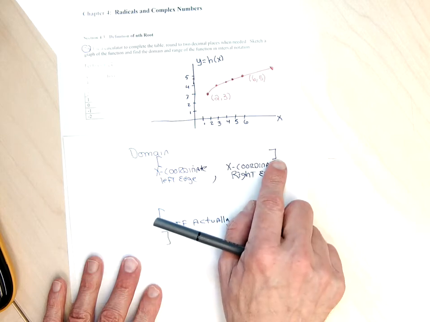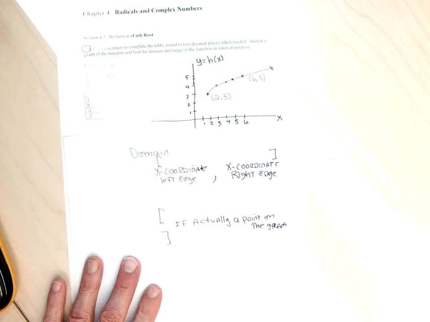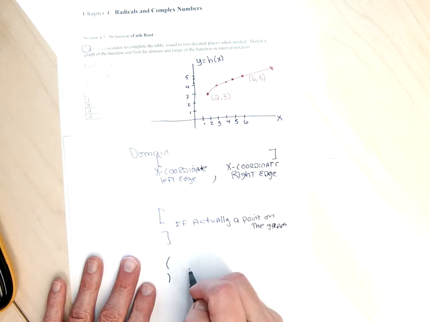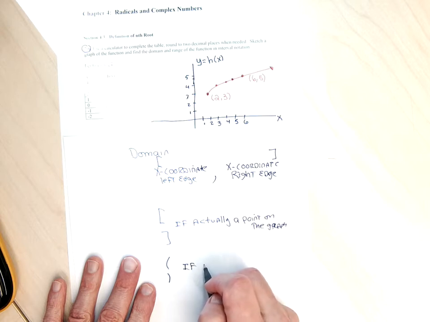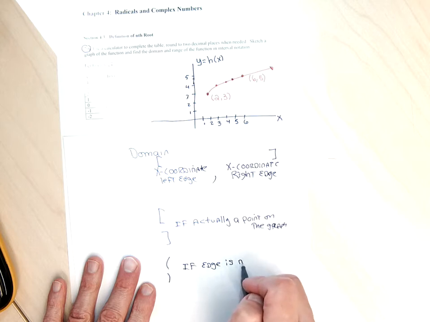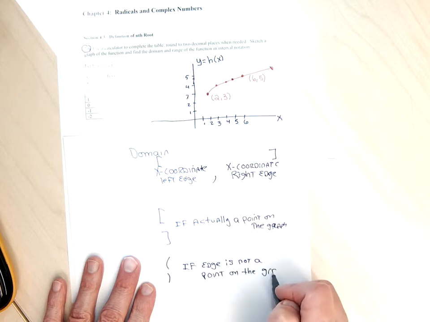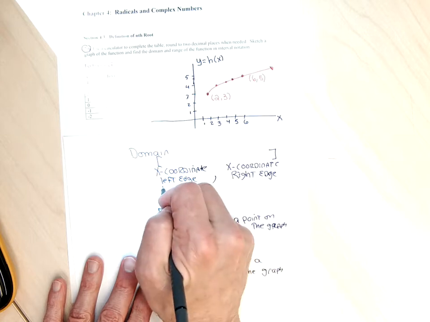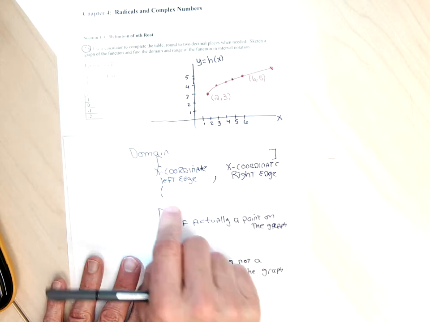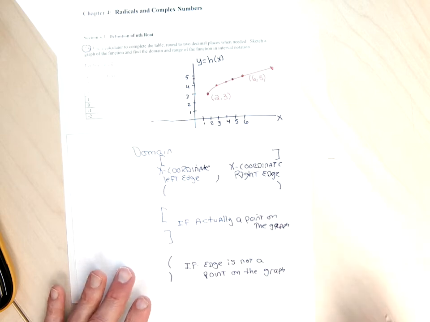If the point on the right edge is a point on the graph, I'd get a square bracket pointed that way. And I'd get round parentheses like this if the edge is not a point on the graph. On the left edge, you'd get that kind of parentheses. On the right edge, you'd get this kind of parentheses.